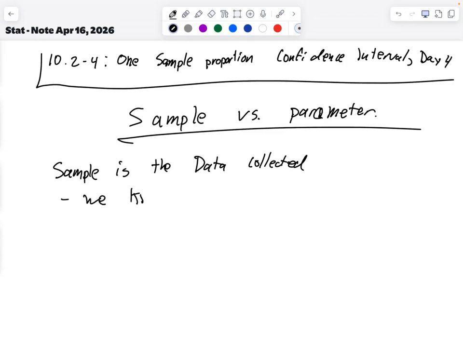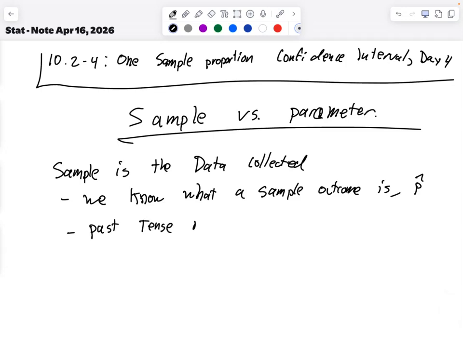We know what a sample outcome is: p hat. Past tense, okay, guys, we're doing notes. P hat refers to the sample.